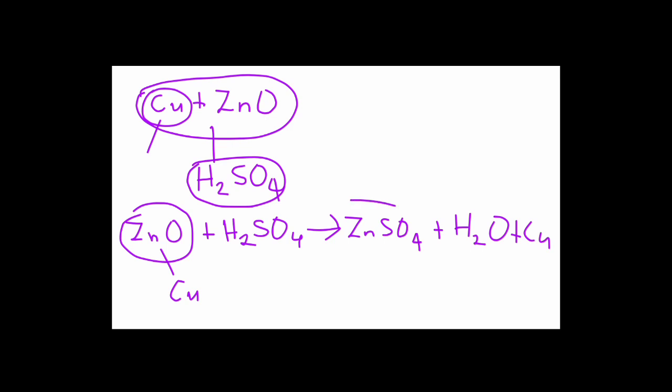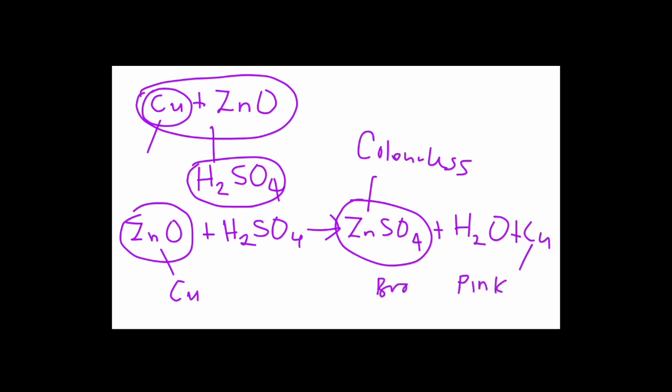This is in aqueous state, and it is colorless. This substance has a pink brown color. So we are likely to observe a colorless solution with the pink substance settled at the bottom of the container in which the reaction is taking place.